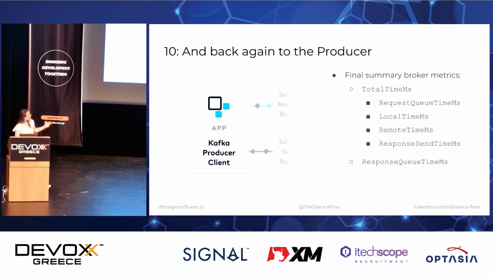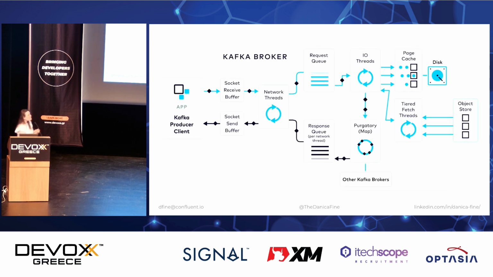The one thing that isn't included in there is the response queue time. That's not considered something that contributes to this overall total time. So again, if you're looking at your metrics, you're looking at total time and something doesn't quite add up, this is why.